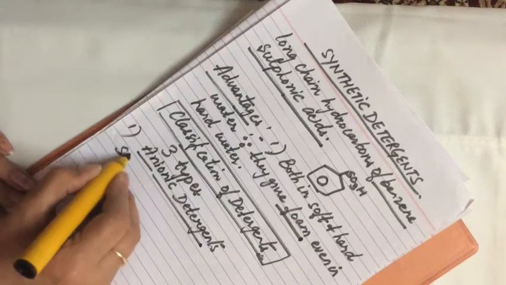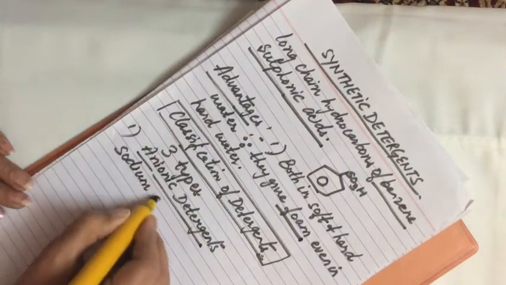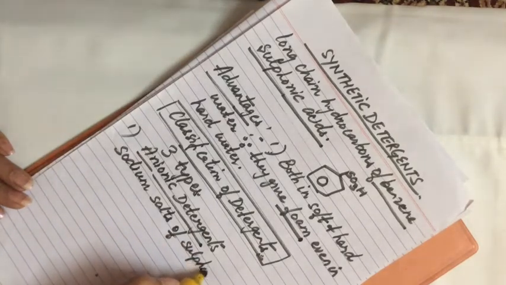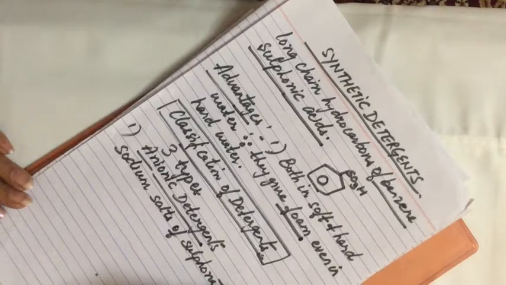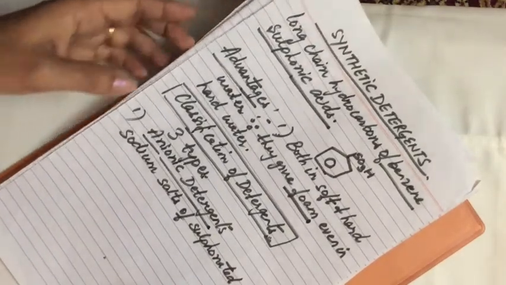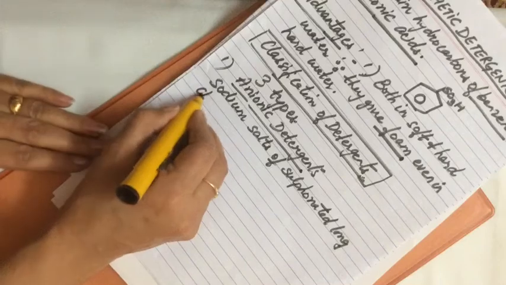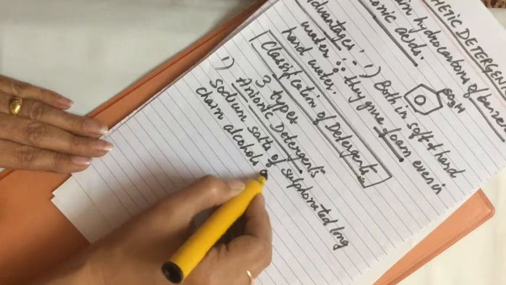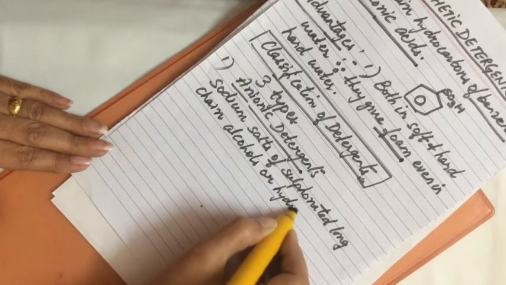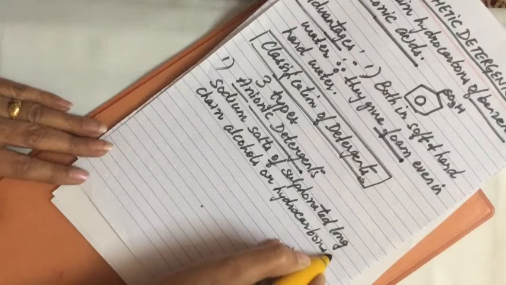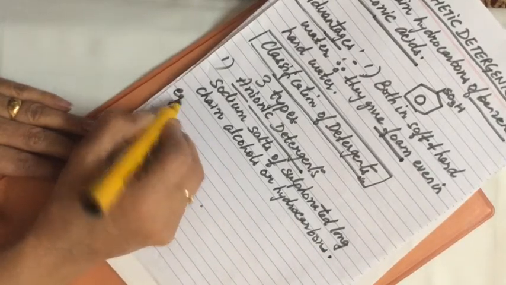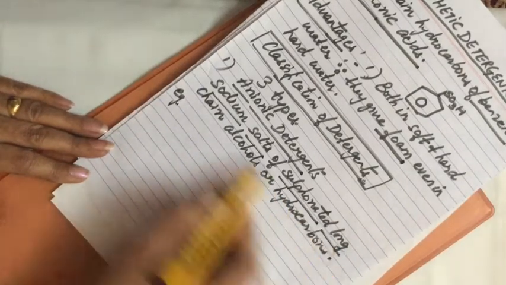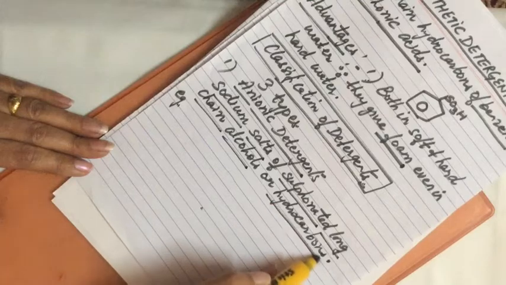These are sodium salts of sulfonated long chain alcohols or hydrocarbons. Example: sodium salts of sulfonated long chain alcohol or hydrocarbon.